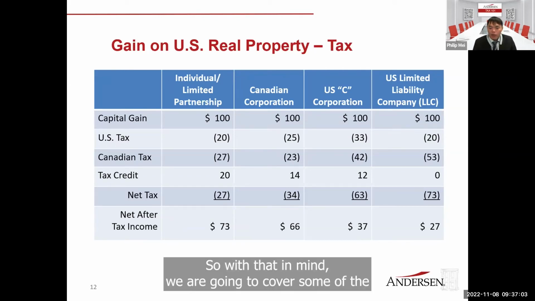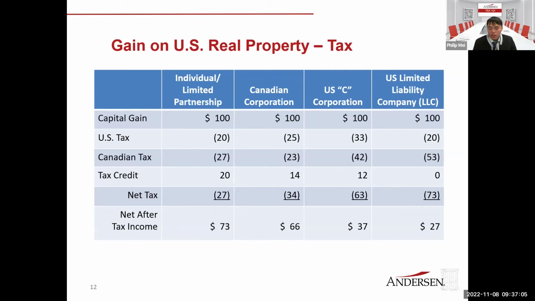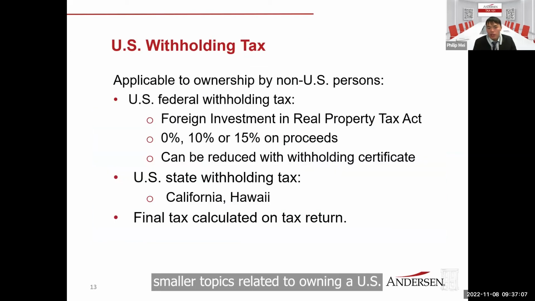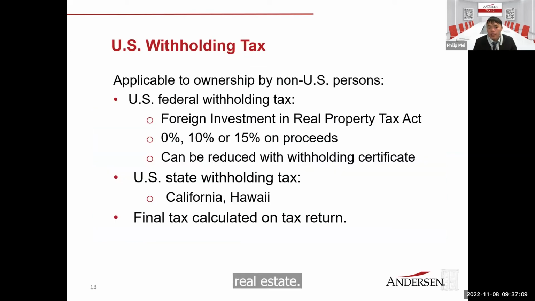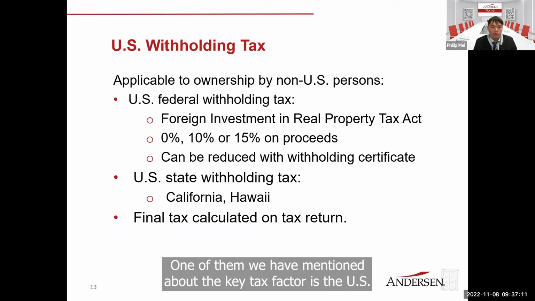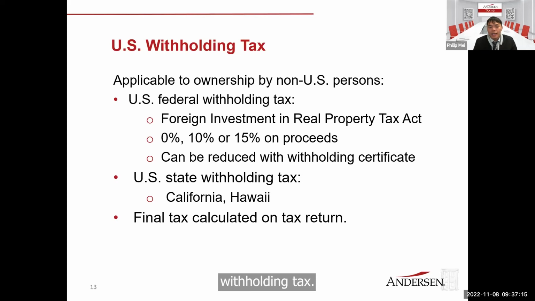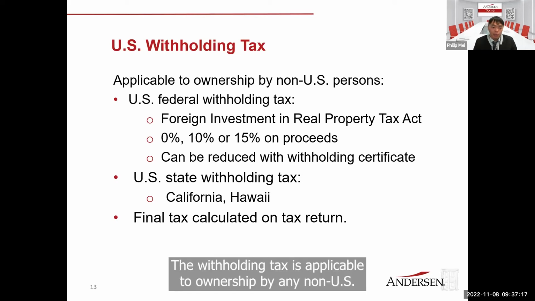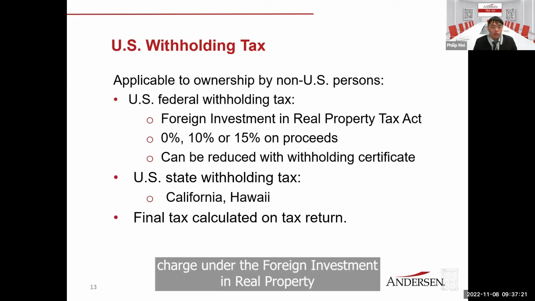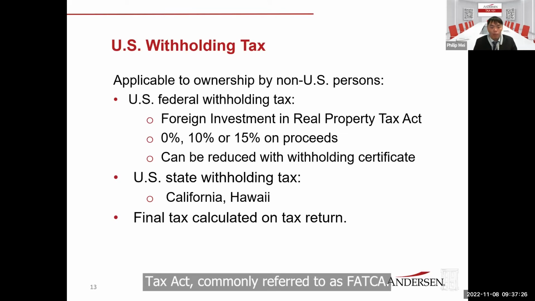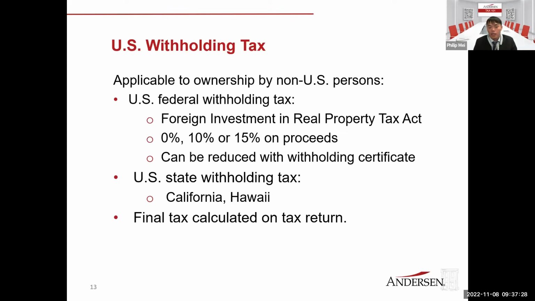With that in mind, we're going to cover some of the smaller topics related to owning US real estate. One of them, which we mentioned in the key tax factors, is the US withholding tax. The withholding tax is applicable to ownership by any non-US person, charged under the Foreign Investment in Real Property Tax Act, commonly referred to as FIRPTA.